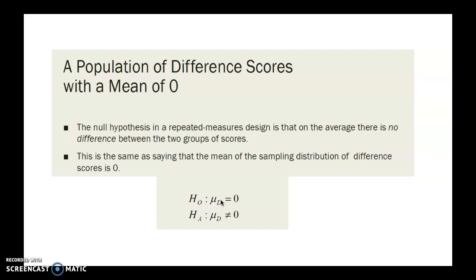Let's look at a population of difference scores with a mean of 0. The null hypothesis in a repeated measures design is that on average there is no difference between the two groups of scores. This is the same as saying that the mean of the sampling distribution of difference scores is 0. So for the null hypothesis, we assume that the mean difference is 0.